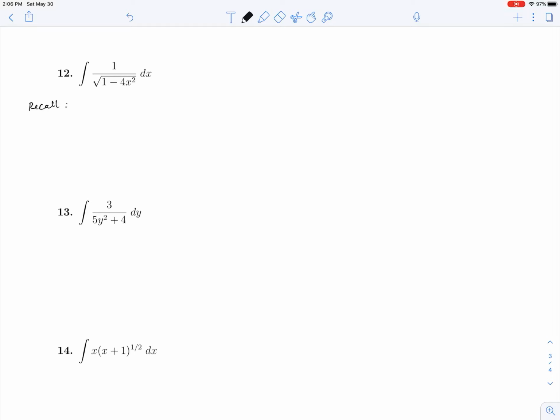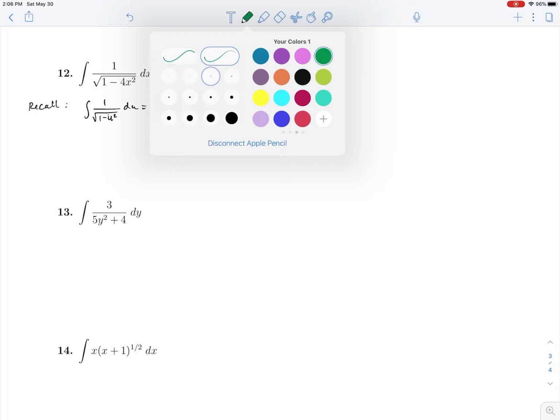For number 12, you need to recognize that the integral of 1 over the square root of 1 minus u squared du is not inverse tangent, but inverse sine or arc sine. And you can see how this form here is modeled.